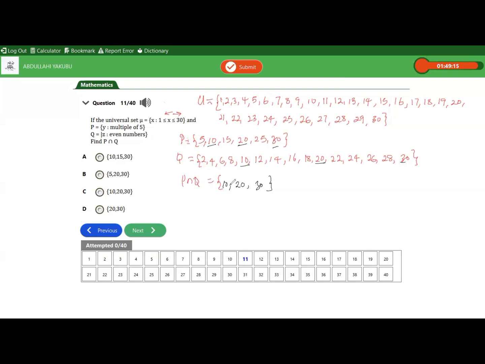So P intersection Q is equal to 10, 20, 30. That is option C. I hope this is understood.